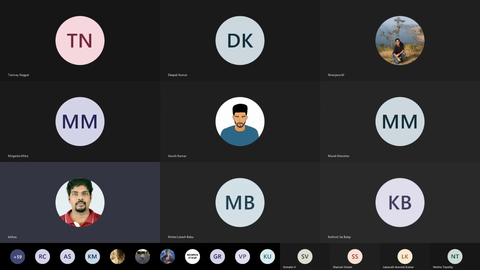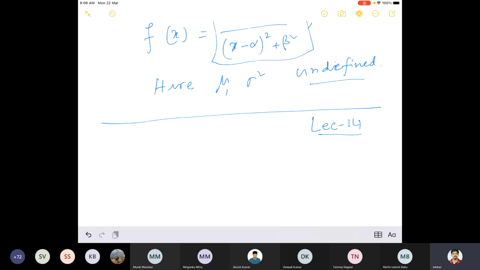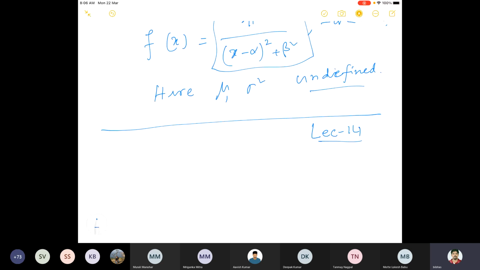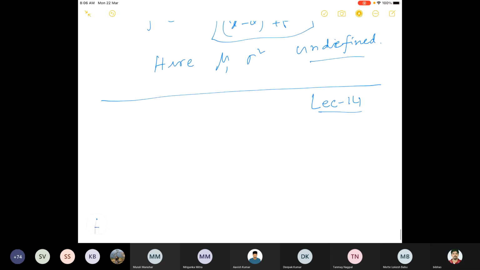And so last day we talked about what are called the special continuous random variables. And today we'll start a new topic, which is known as multivariate distributions.